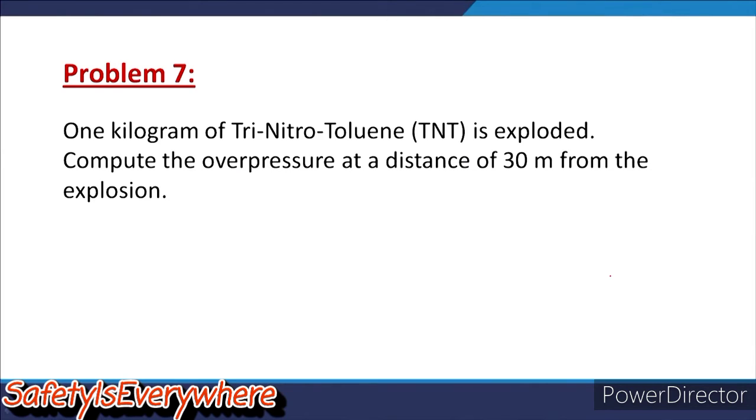Now this problem is related to the involvement of trinitrotoluene. So 1 kilogram of trinitrotoluene is exploded. So you need to compute the overpressure at a distance of 30 meter from the explosion.